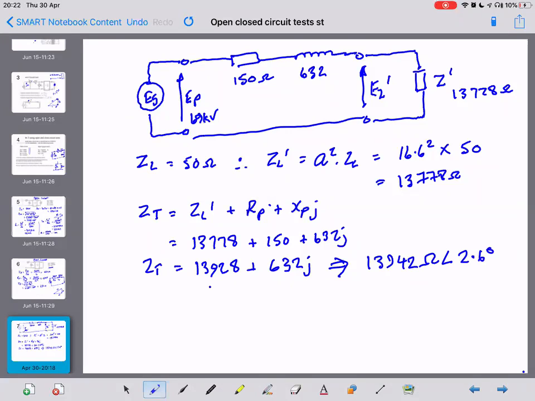So we can now find I primary, because it is EP over ZT.